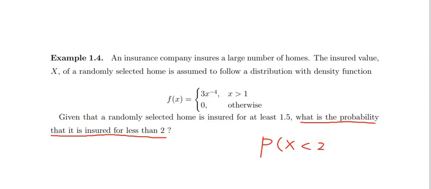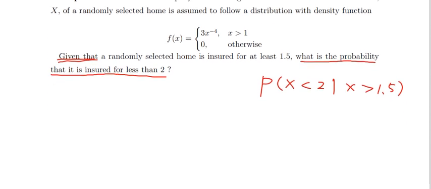Here we have a keyword, "given that". Given that means the conditional probability. We already know this home insurance x is at least 1.5.